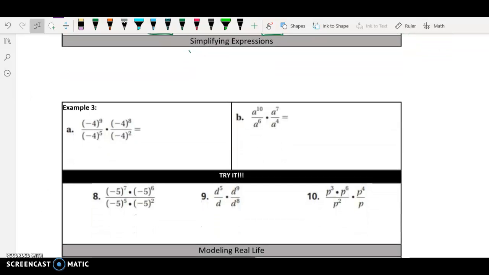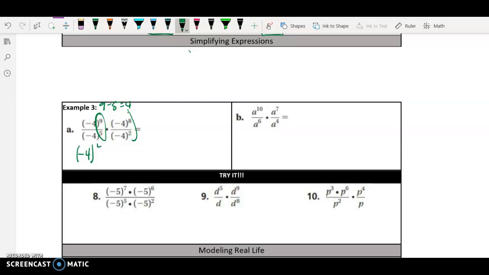Alright, so now we're going to keep simplifying. This time we're going to try simplifying vertically. And so first what I'm going to do is subtract my exponents. So I keep my base of -4 in my parentheses, and then 9 minus 5 is 4.